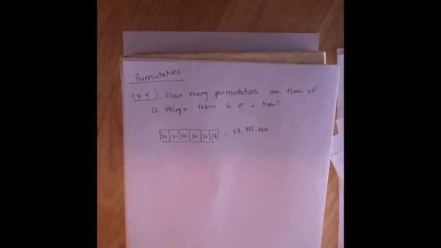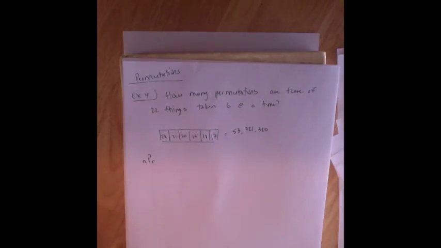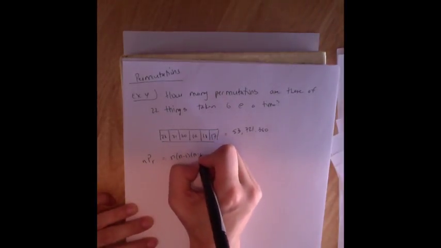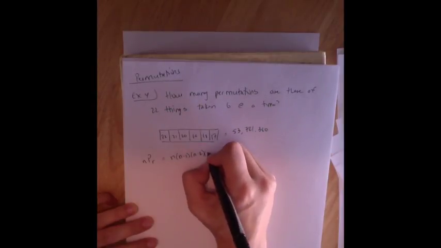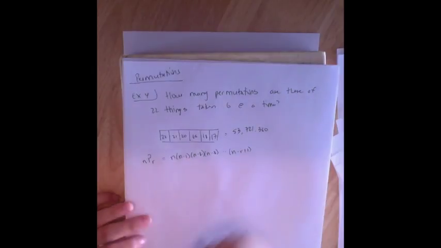Now, what we want to do is make this into a formula. So, if we write it as nPr, n things taken r at a time, we notice we have n times n minus 1 times n minus 2 times n minus 3, all the way up to n minus r plus 1.